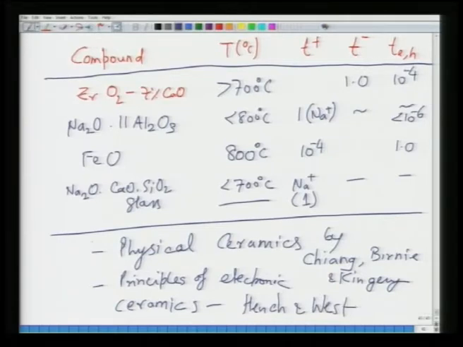These two books will give you some of the values of transference numbers in these systems.